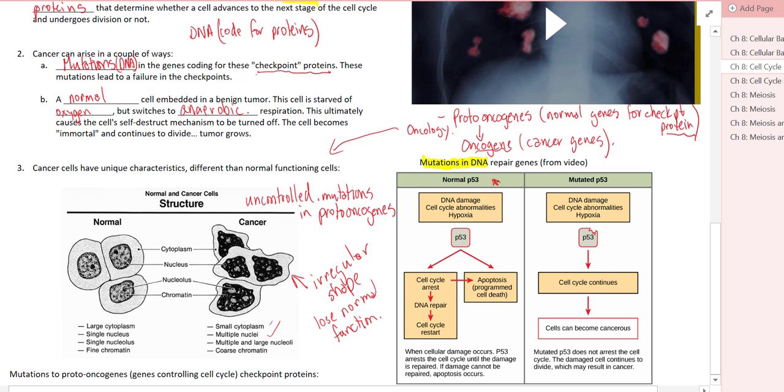So a normal P53, and this is just the name of a particular gene that codes for a protein, and let's say damage was done to the DNA of a cell, and this causes cell cycle abnormalities, this hypoxia, or lack of oxygen, lack of O2. And what will happen is this P53 gene will kick in, producing proteins that will lead to a cell cycle arrest. So basically, hey, things aren't going right, let's stop the cell cycle.